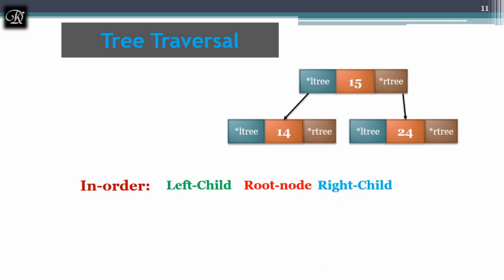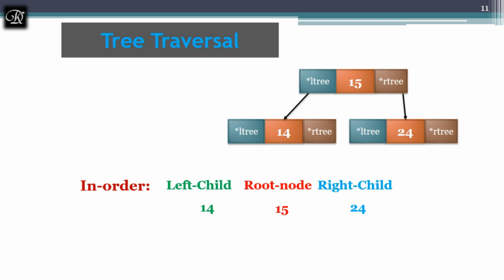So in this example, the left child is 14, and the root node is 15, and the right child is 24. So first I visited 14, 15 and 24. This is going to give you the values of the tree in increasing order.